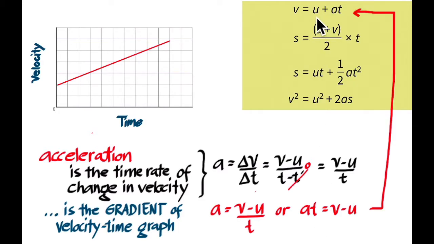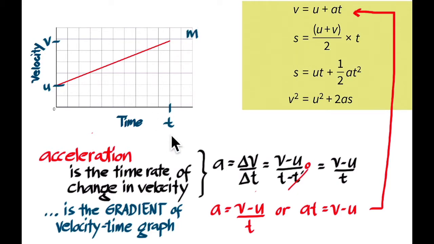If you want to verify the equation we just derived, use the definition associated with the gradients. In this graph here of a uniformly accelerated object, we can say that this is u or initial velocity and this one is v or final velocity. The time is from 0 to a certain value t.